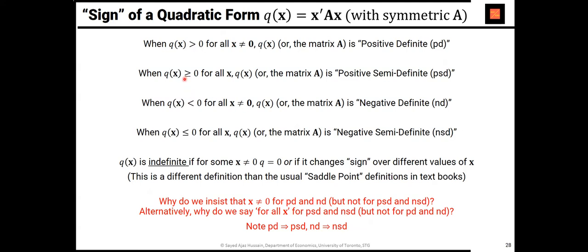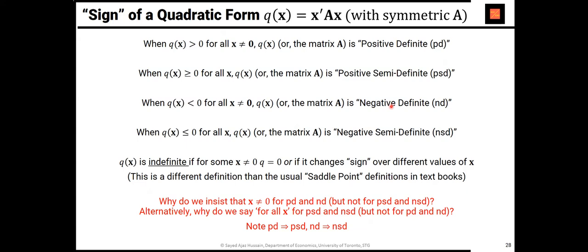But since this allows the possibility of q being bigger than or equal to 0, I don't have to say except for the point 0, 0. I can say for all x's. Same thing here, all x's, right? And by the way, PD is the analog of greater than inequality. PSD is the analog of greater than or equal to inequality.